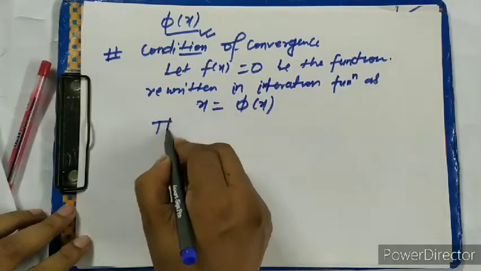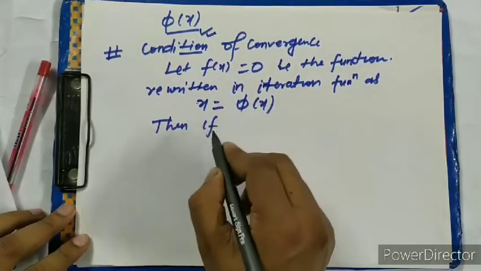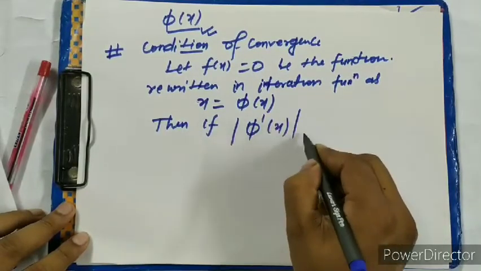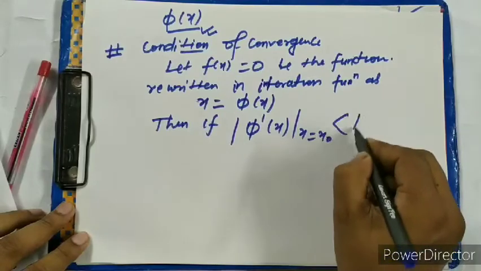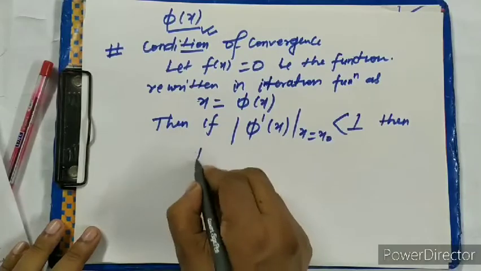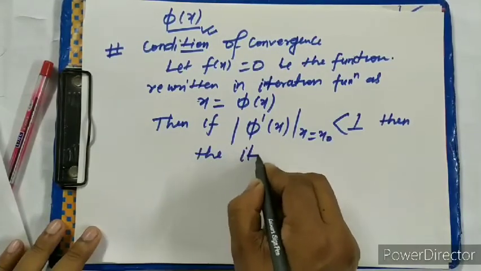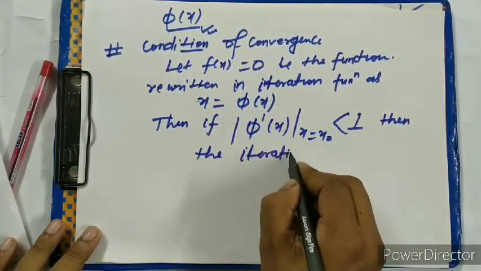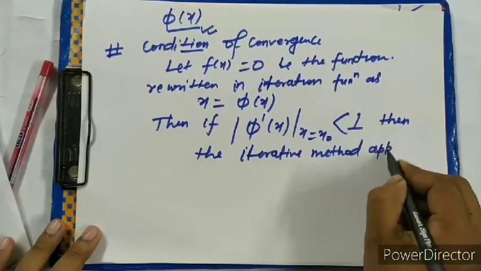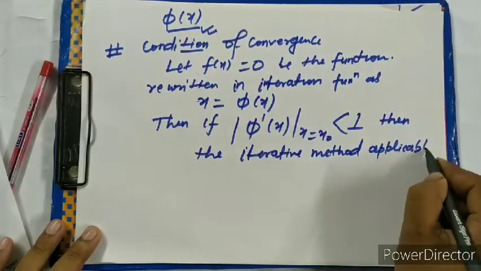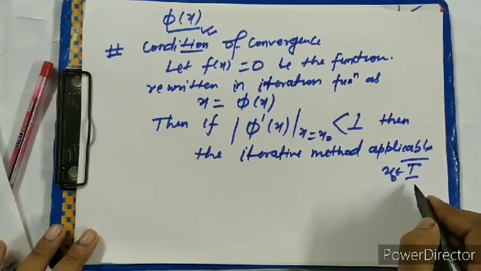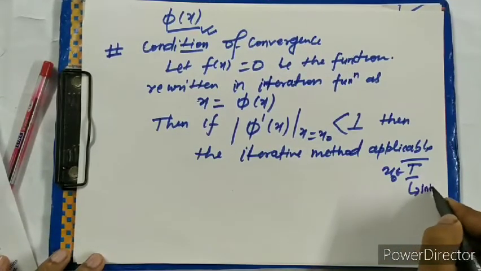Then if the modulus value of the first derivative, |φ'(x0)|, at some point x0 is less than 1, then the iterative method is applicable and it will converge, where x0 belongs to the interval I.